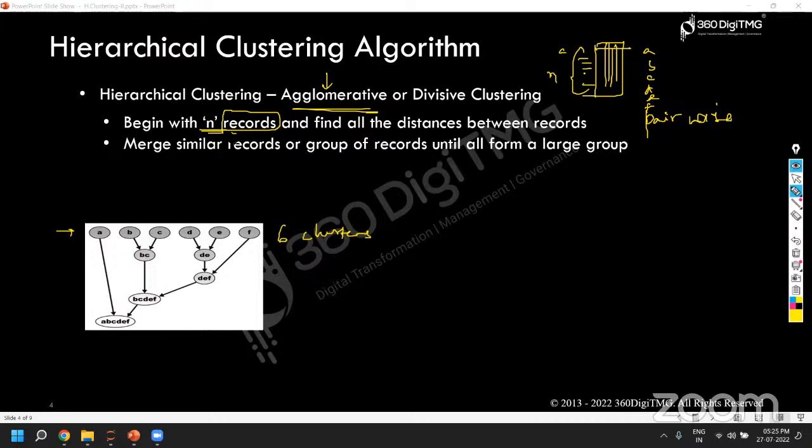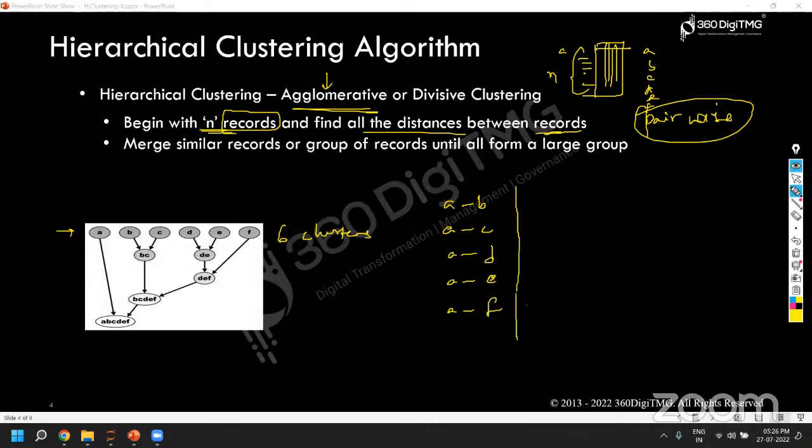Each record is assumed to be a cluster in itself. Then we are going to find all the distances between the records. That means we are trying to create pairwise record distances. So that means A to B, A to C, A to D, A to E, A to F.